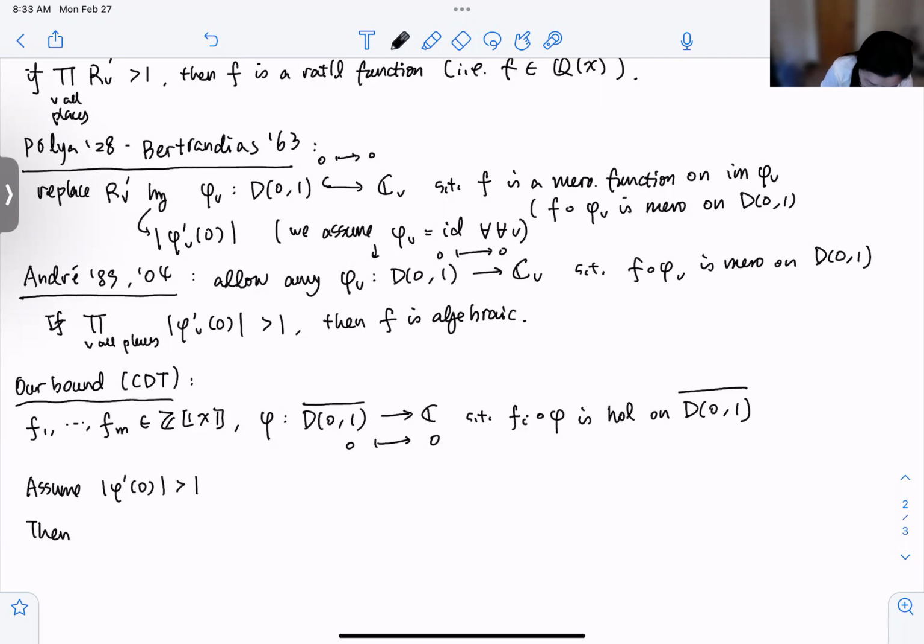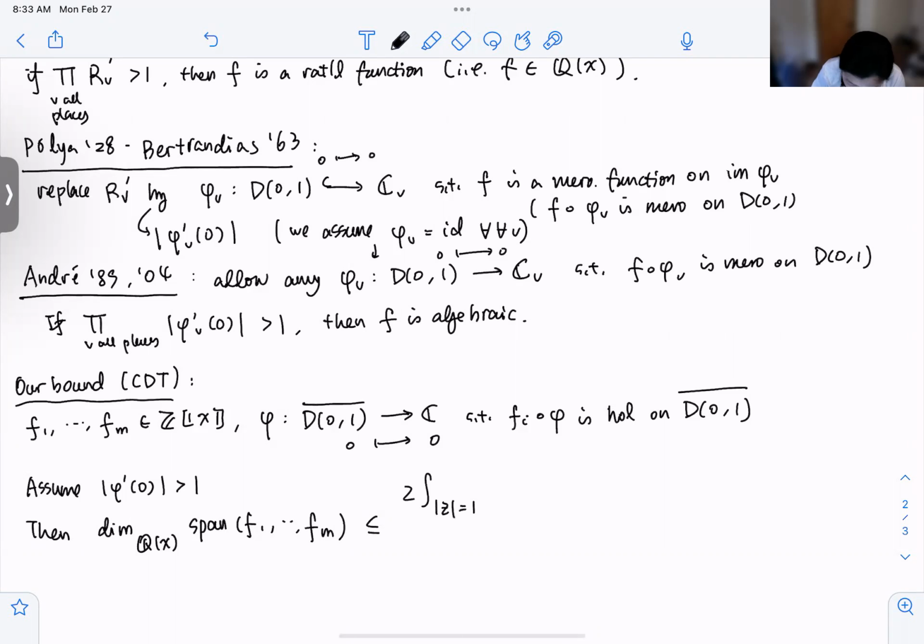Then the dimension over Q(x) of the span of F_1 to F_m is no greater than 2 times the integral of the nonlinear character over log phi prime 0.